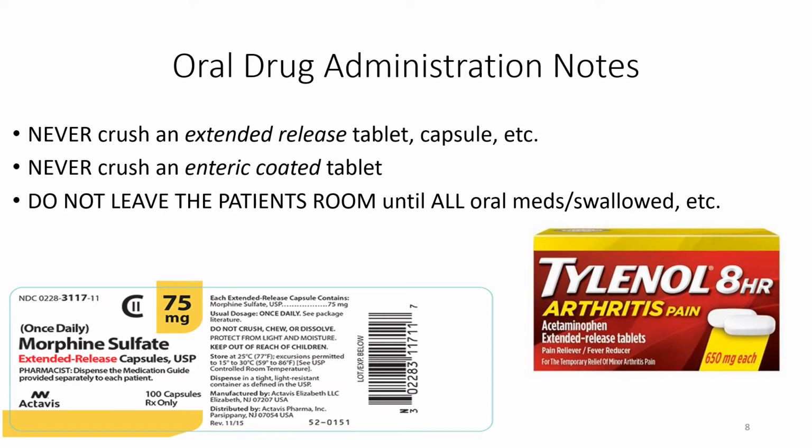Remember, you are the person who's responsible. Your license is on the line for delivering that medication safely to your patient. So you've documented that they took it. Did they take it appropriately, and did they really take it? Maybe that person wasn't able to swallow as well, and they just spit it back out. Did they really get that extremely important dose of medication that they needed?